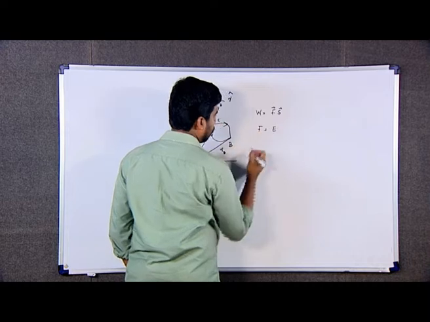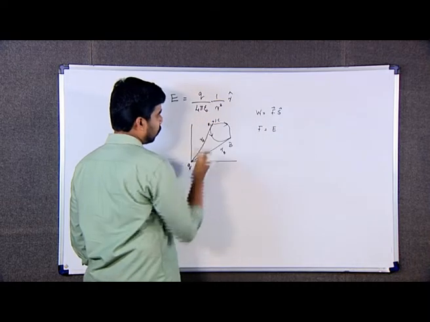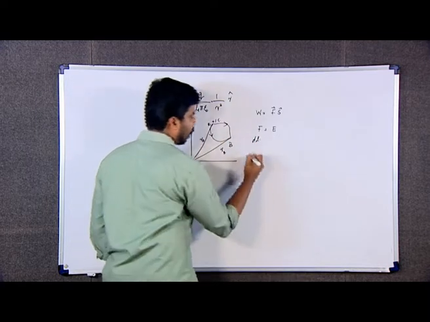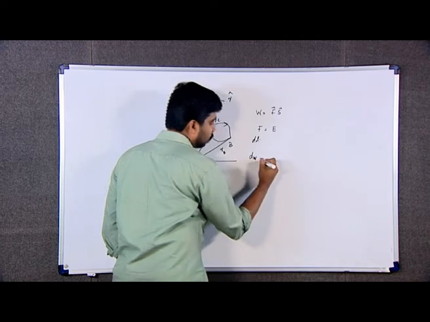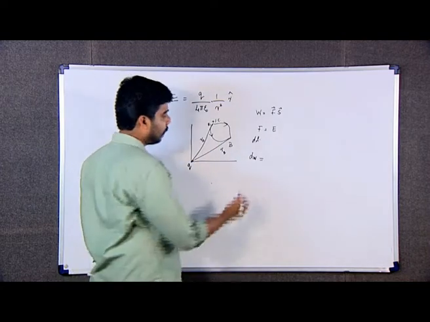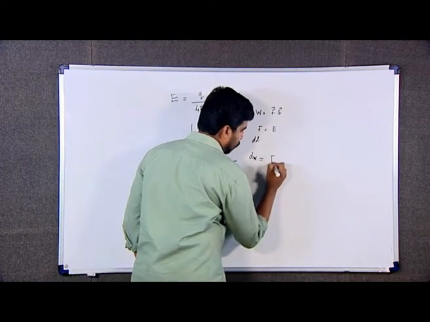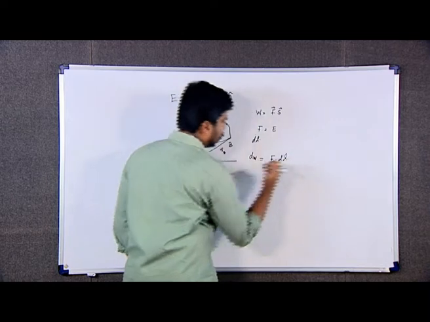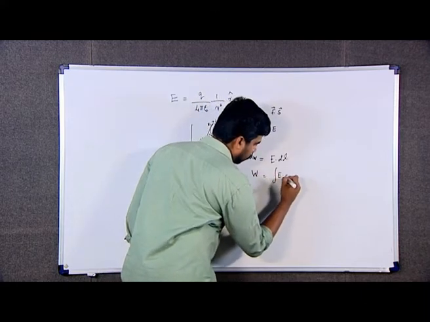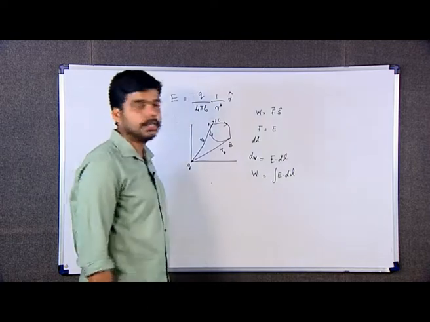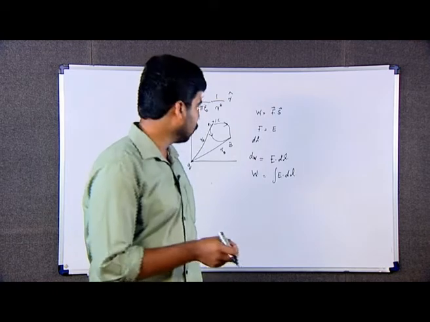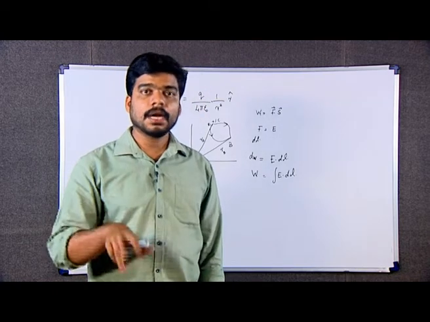If the charge moves through a small elementary length dl, then the small work done is dw equal to E dot dl. So the total work done must be the integral of E dot dl. Here dw represents the small work done and the integral gives the total work done.